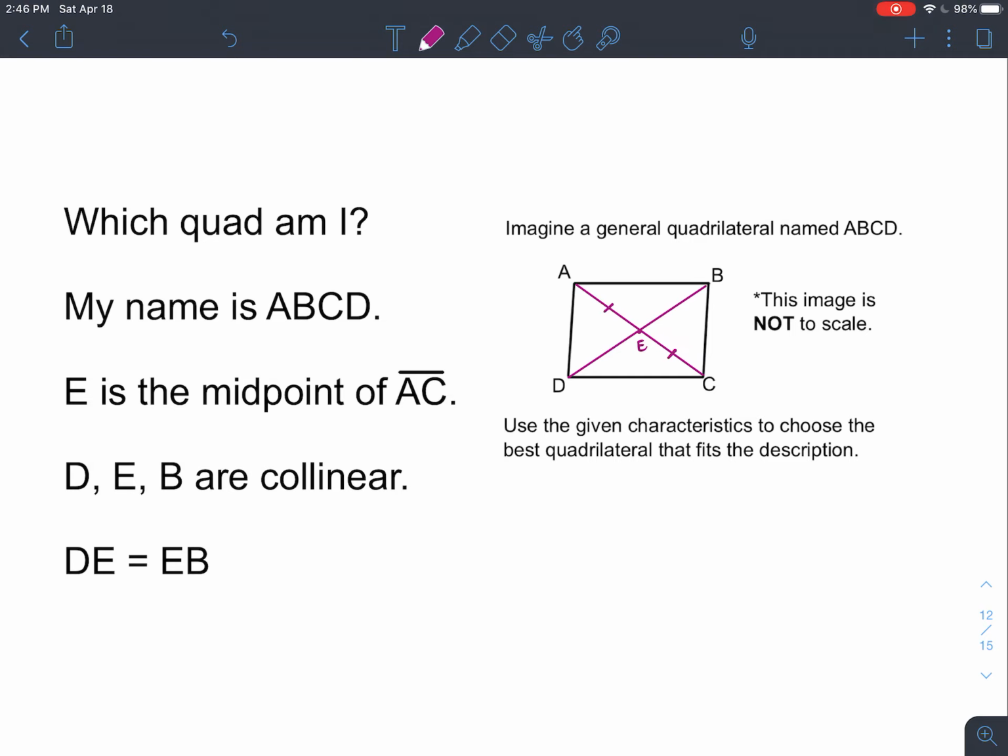So I have AE and EC that are congruent. I have DE and EB that are congruent. And if all that I know is that my diagonals bisect each other, you can look back up at that flow chart, but the farthest that I can go is a parallelogram.